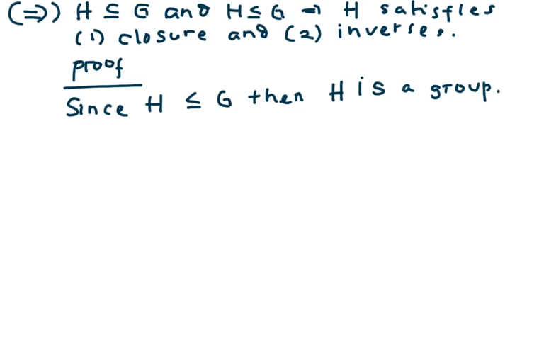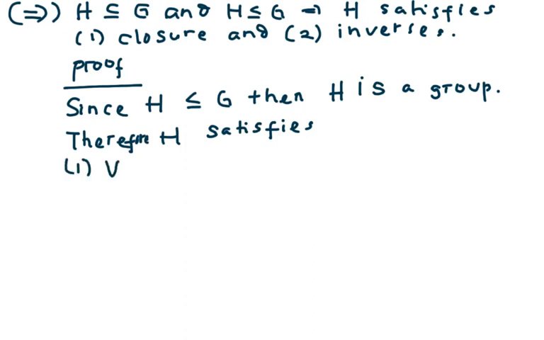So because H is a group, therefore H satisfies the first one: for all A, B in H, then A star B is also in H because H is a group, right?